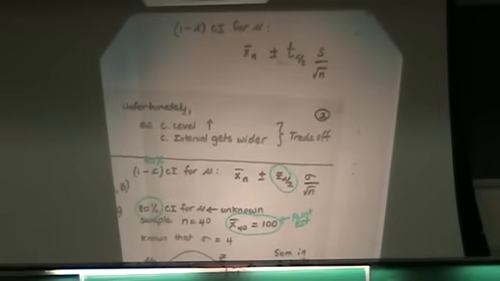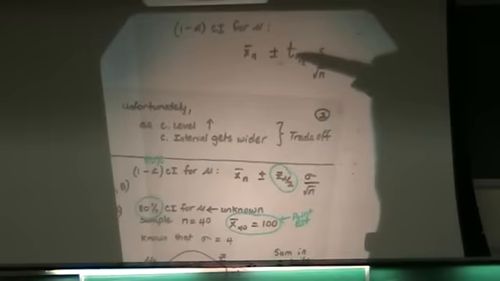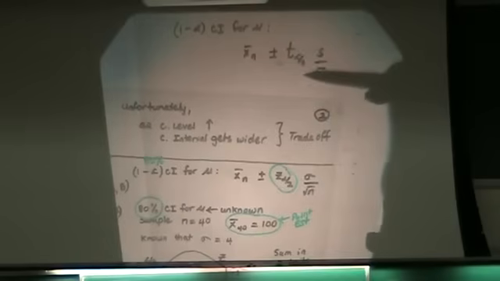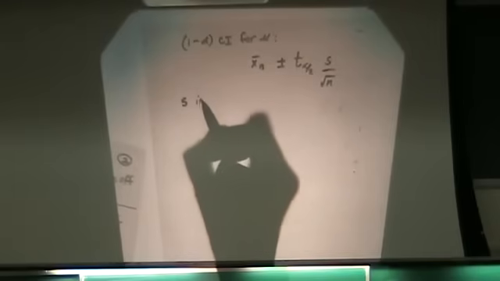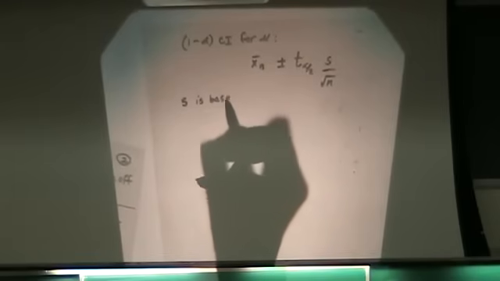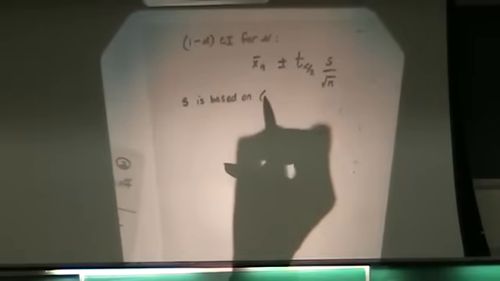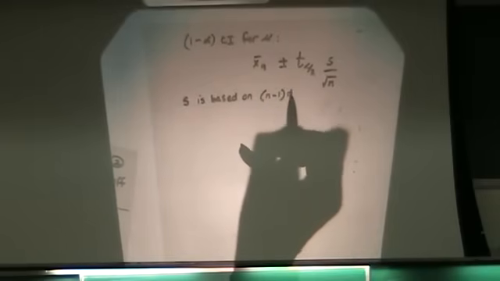Now, you're not going to go to the last row of the t-table, because S, the sample standard deviation, is based on n minus 1 degrees of freedom.